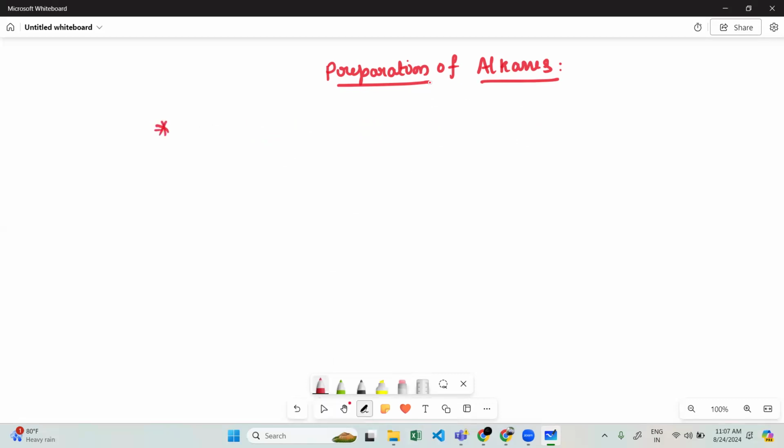The preparative methods for the preparation of alkanes: one is the Wurtz method.